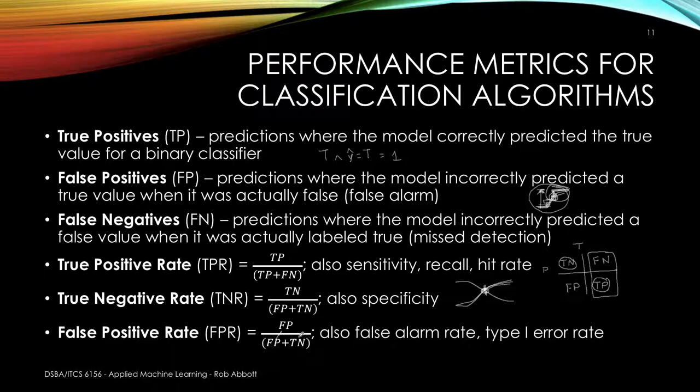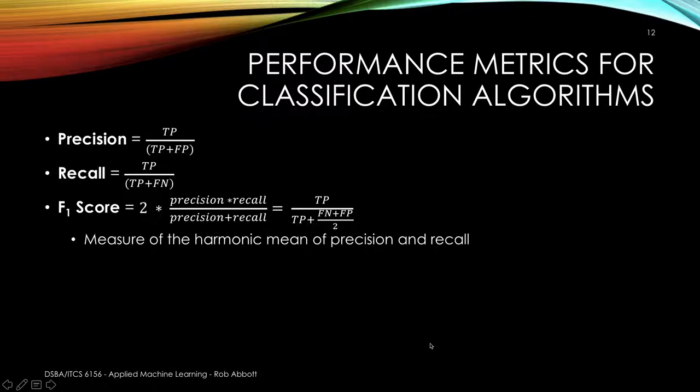So I'm saying it's positive, but it's really negative. I'm predicting something to be positive when I know it's really false. So this is also referred to as type 1 error in statistical analysis.